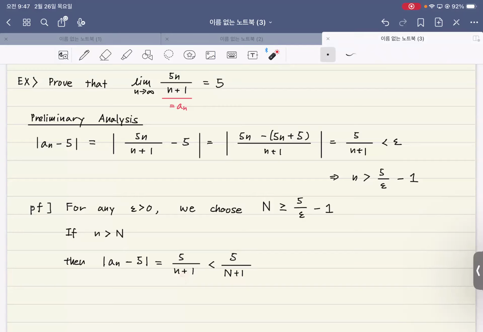Again, since this is greater than this, and this one is also in the denominator, this whole number must be even less than or equal to this number. But simplifying this, it is just epsilon, right? So my proof is done. For any epsilon, I was able to find the number, large N, satisfying the condition. Right? Good?